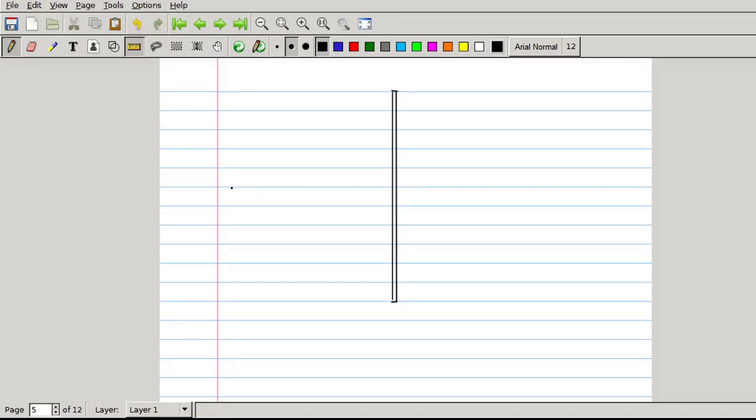This line represents the z direction, and this line represents the x direction. This is x and this is z, and perpendicular to this we will be having the y direction.